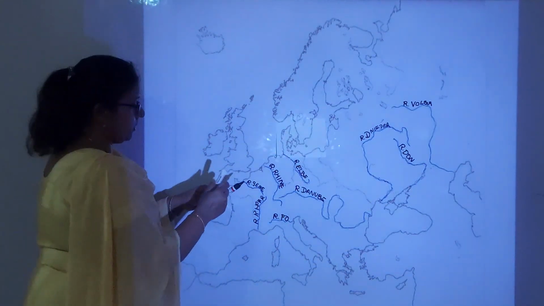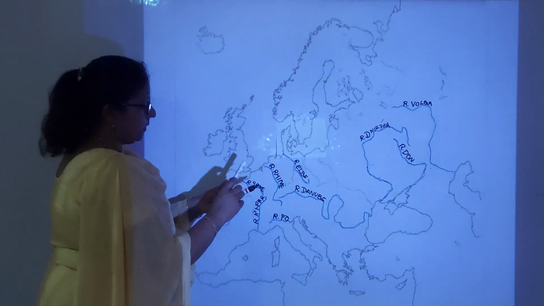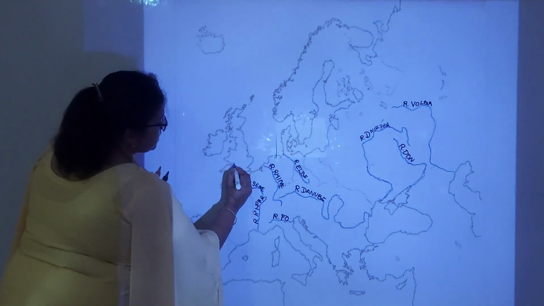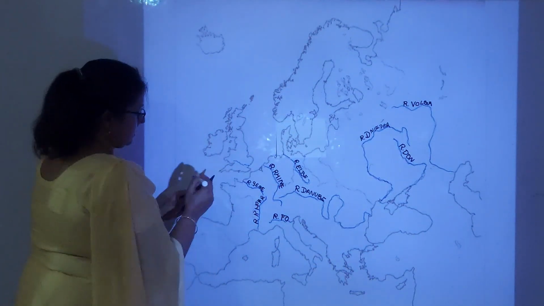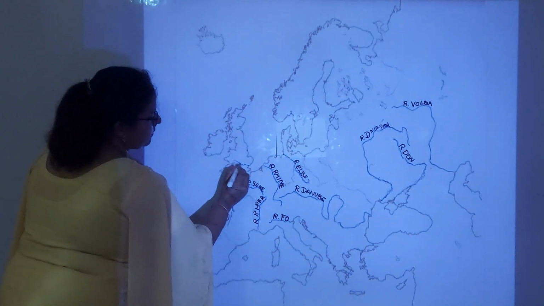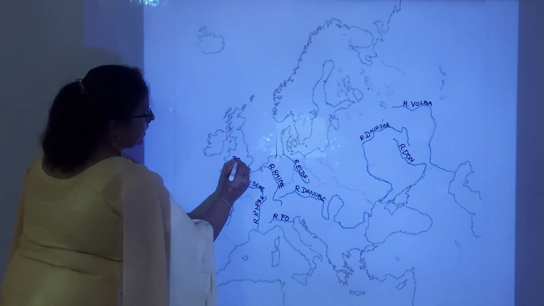Another important river along which we have the city of London is the river Thames. Here you will mark it first and then write river Thames.